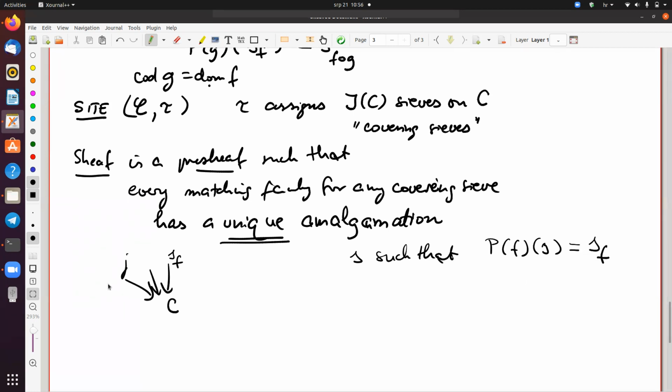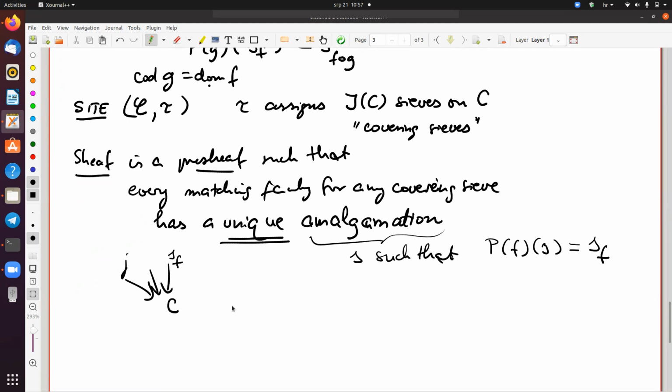So we have a matching family in all of these, and we want to have one global one on C. For every C and every J in capital J of C, every covering sieve, you have this property. So amalgamation is this.